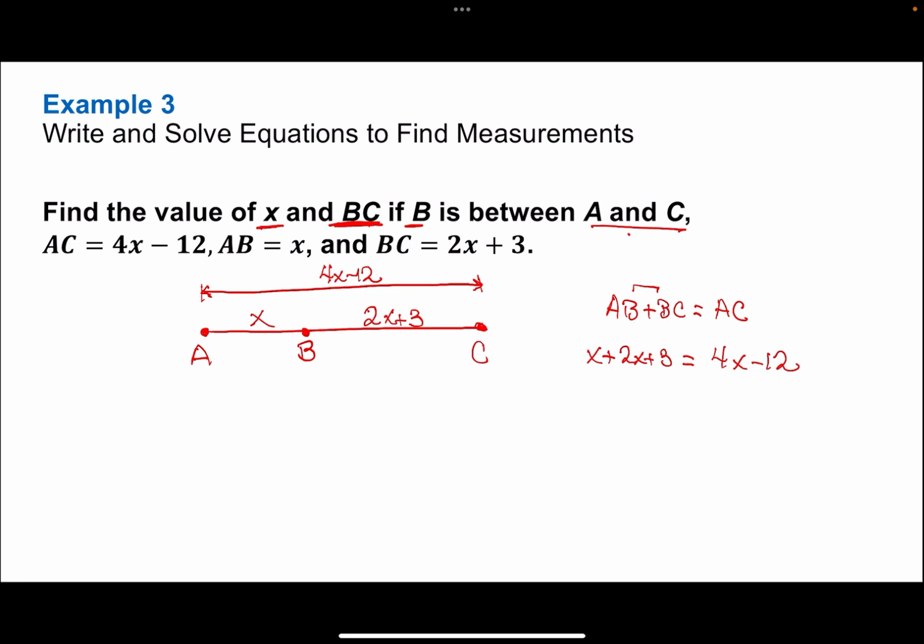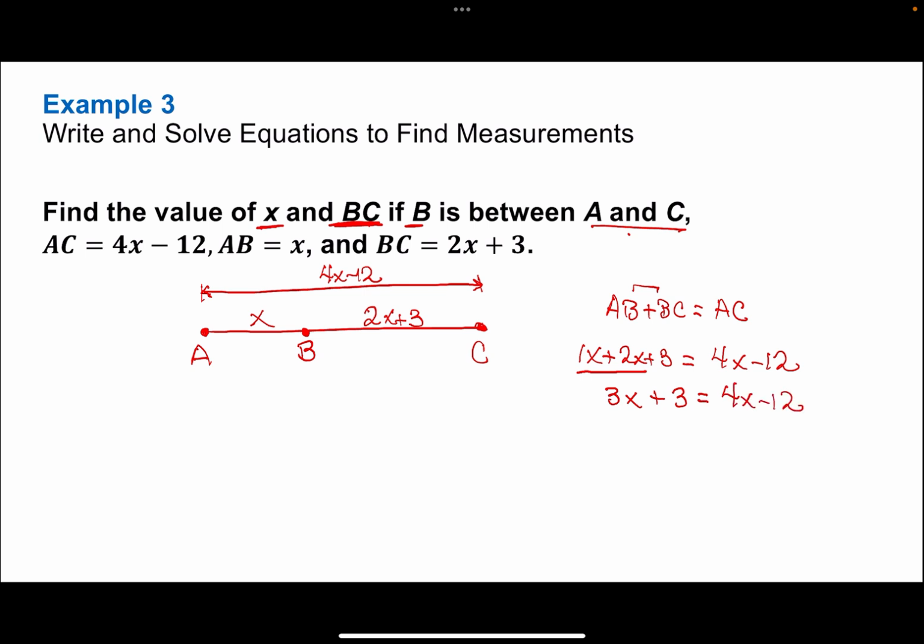So when we have x and 2x on the same side of the equation, we do eventually want to get x by itself, but these two are like terms, 1x plus 2x is a total of 3x. So we're combining our like terms, 3x plus 3 is the same as 4x minus 12.